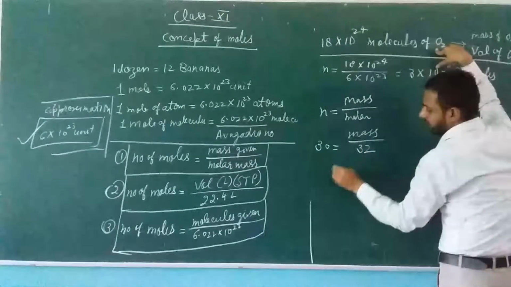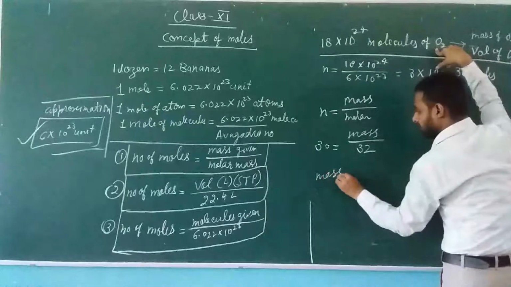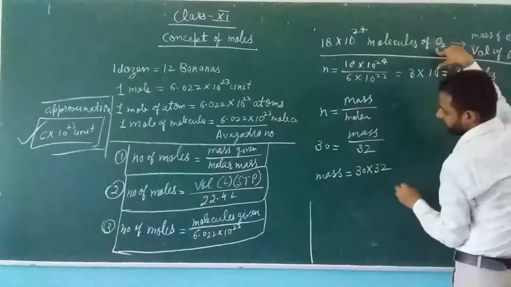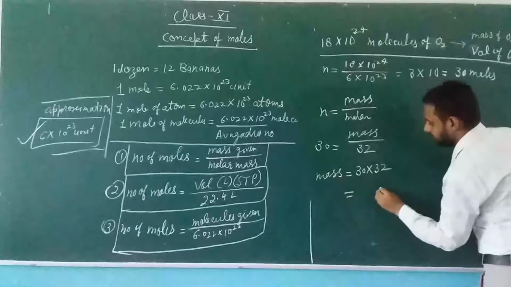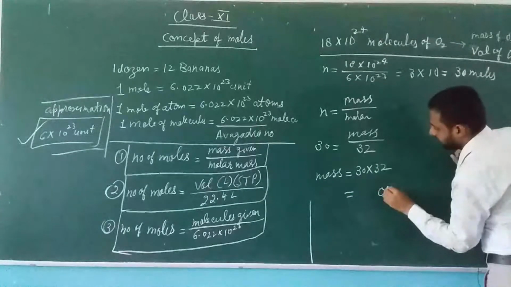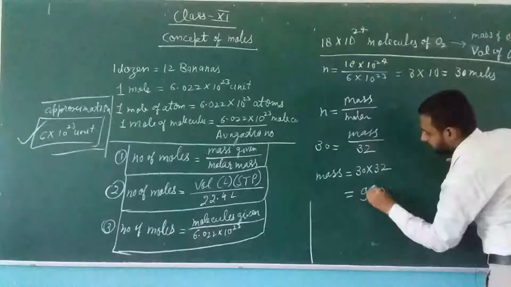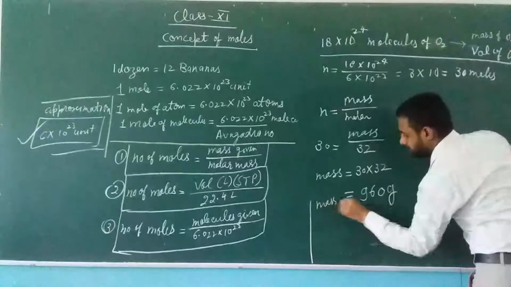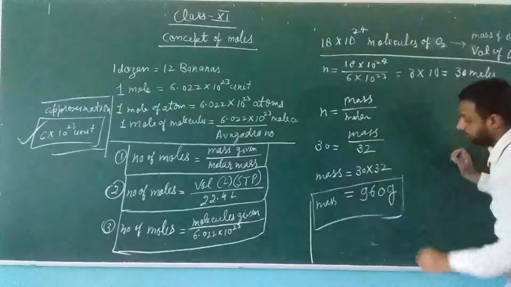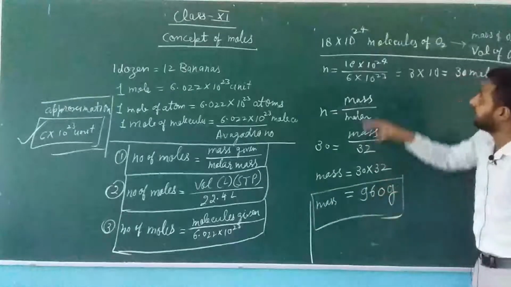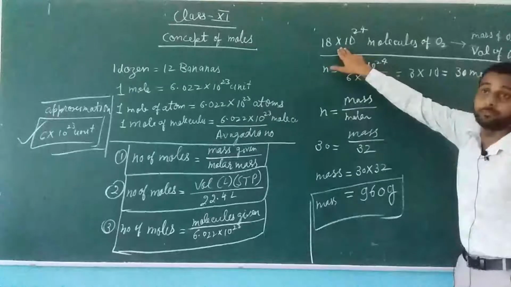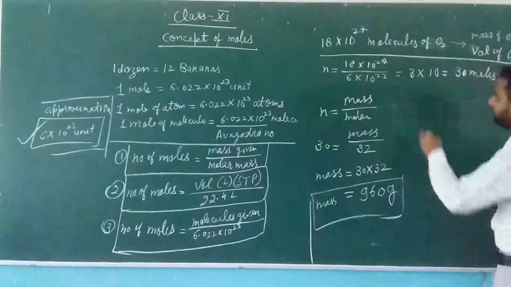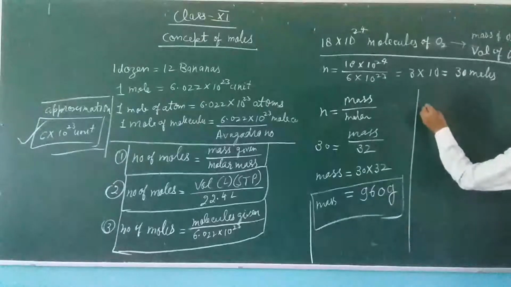So mass is equal to 30 into 32, which is 960 gram. So we can understand that in 18 into 10 to the power 24 molecules, 960 gram of oxygen is present.